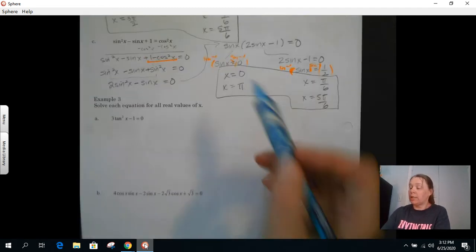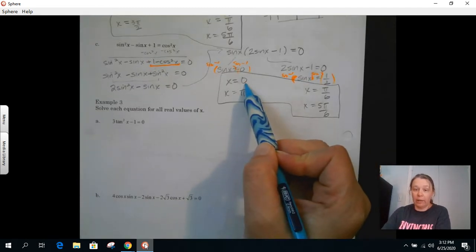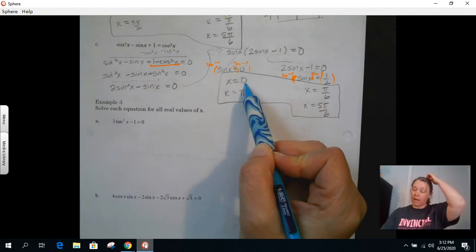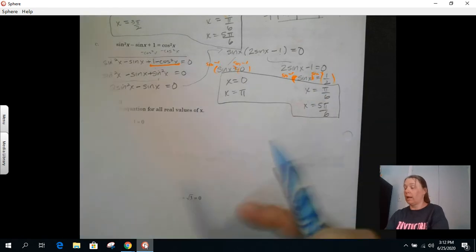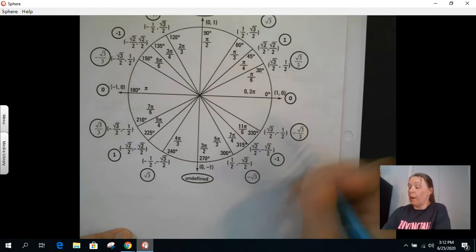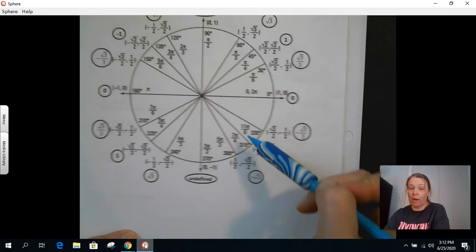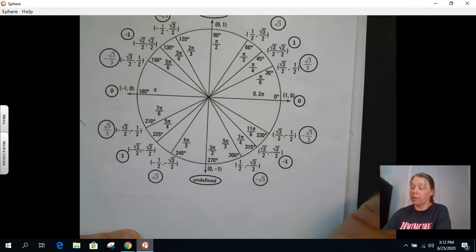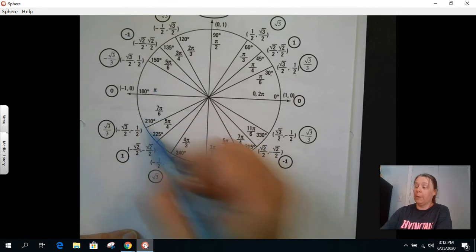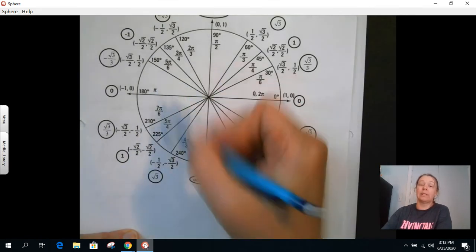Well, remember how we just said at 0 and 2 pi, the angle has a sine of 0? And really, I could just keep going around, right? I could say 0, 2 pi, 4 pi, 6 pi, 8 pi, and so on. We have all those coterminal angles. Same thing here. I could do pi, 3 pi, 5 pi, 7 pi.